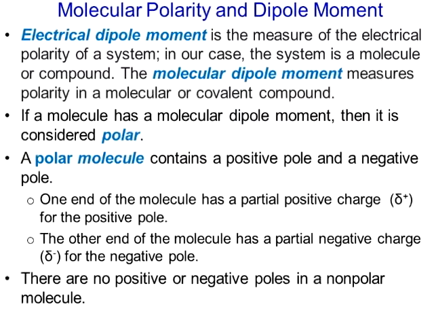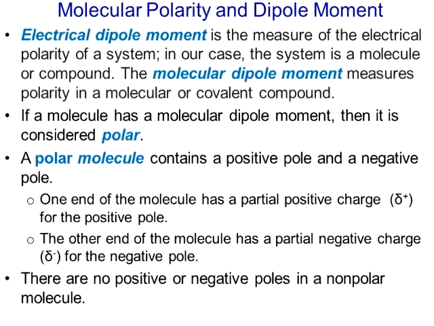The molecular dipole moment measures polarity in a molecule or covalent compound. If a molecule has a molecular dipole moment, then it is considered polar. So polar molecules are detected by their dipole moment. A polar molecule contains a positive pole and a negative pole.